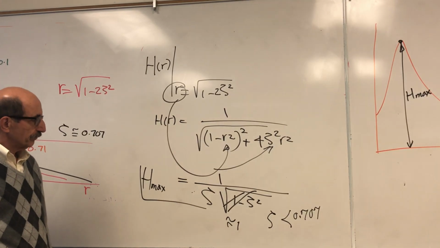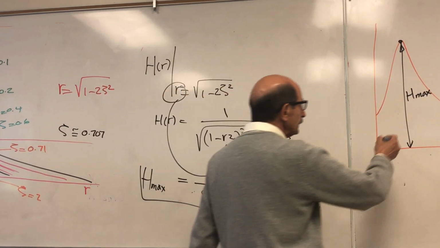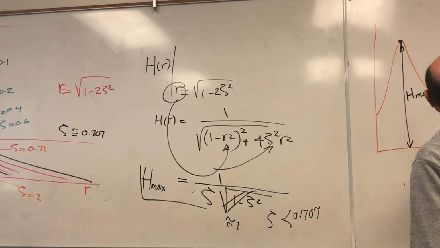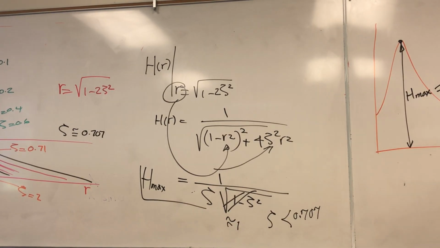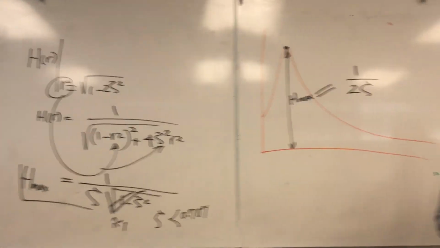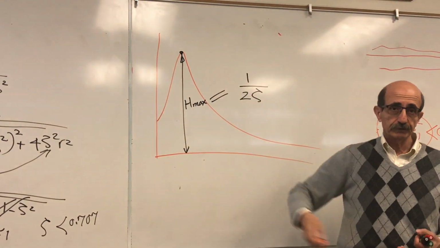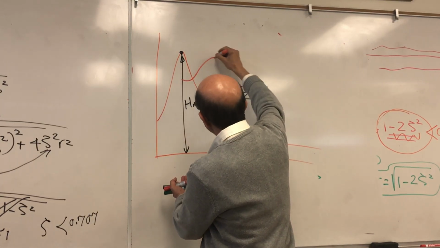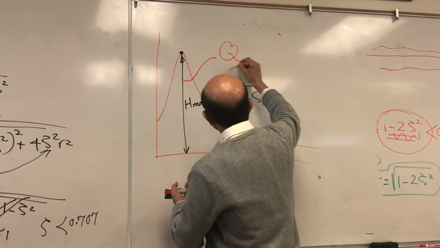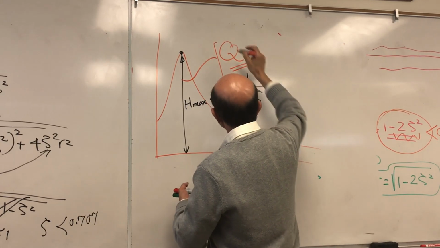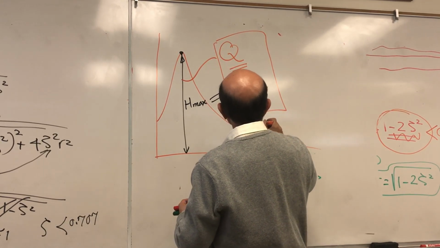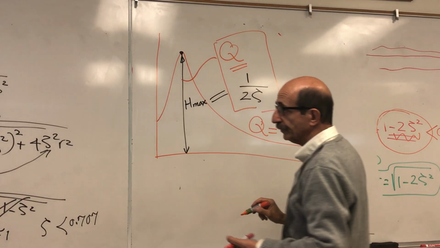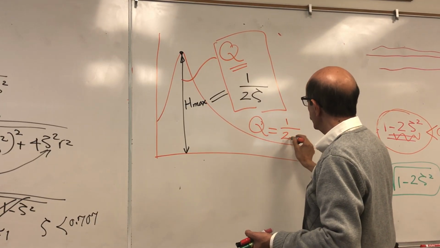It's negligible, right? So in other words, we can approximate this to be 1 over 2 zeta. We assign a name to this maximum value of the frequency response function. We call this peak value Q. In vibration terminology, this is called Q. So Q of a vibratory system is 1 over 2 zeta.